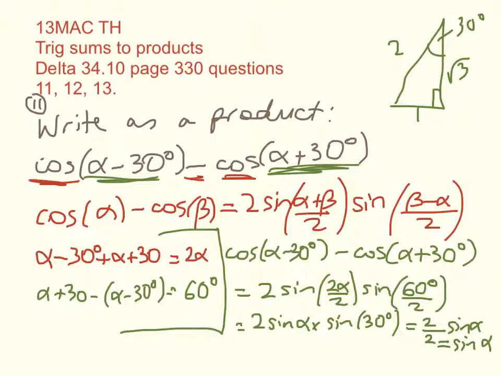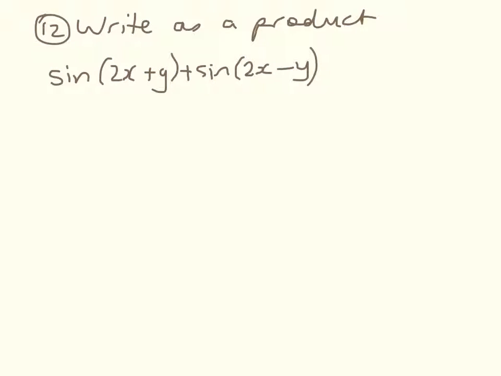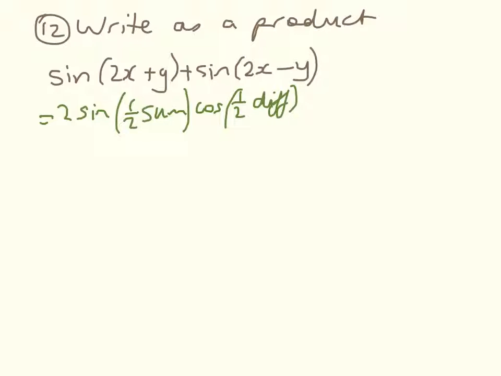On to number 12. Writing as a product, sine of 2x plus y plus sine of 2x minus y. So this is one where it's going to be 2 times sine of half the sum, cosine of half the difference. Let's work out the sums and differences.